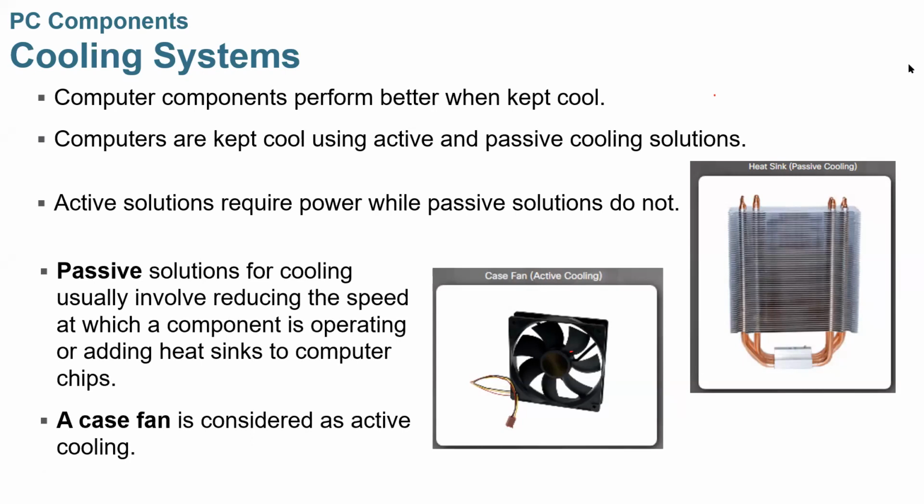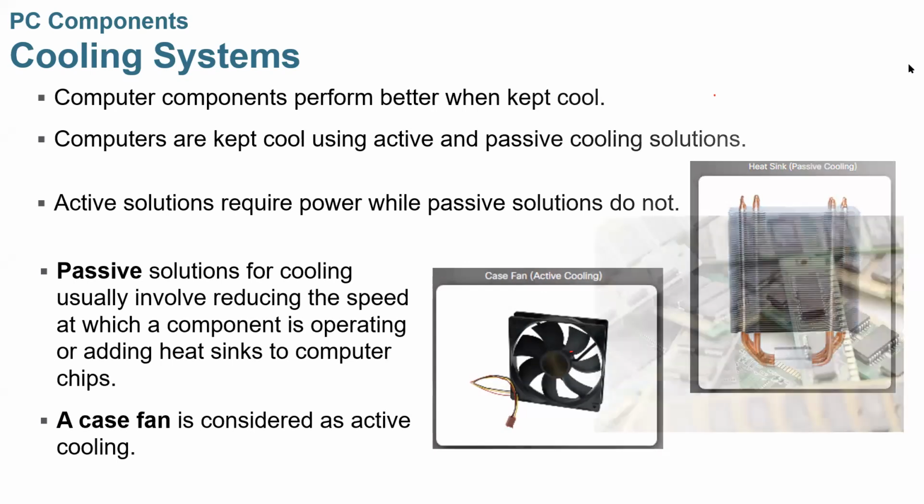A passive cooling solution usually involves reducing the speed of the component, and you find that it is always added onto the heat sink of the machine. A fan is always considered to be active cooling.